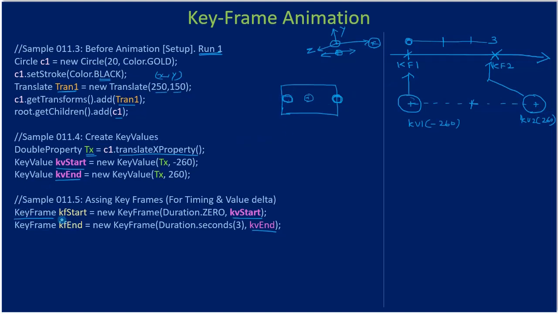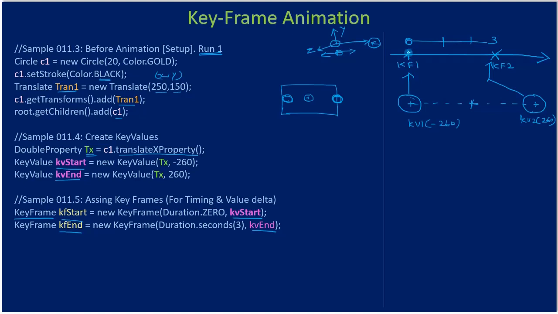Keyframe start and keyframe end. So this keyframe tells the location in the time scale 0 to 3 seconds, and key value tells what the object transformation is during these two time frames. So keyframe, even for easy remembrance, you can think of it as a time frame.